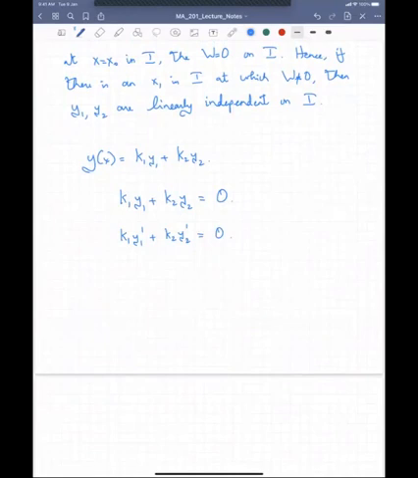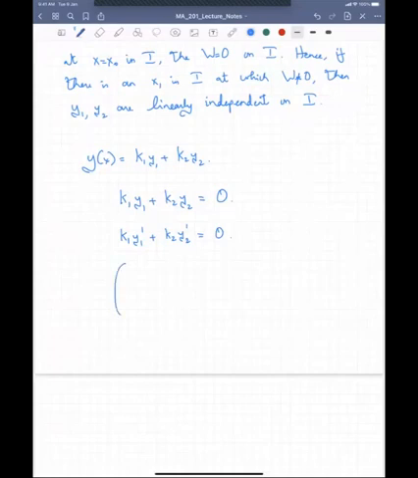All right. Now I have a system of, so go back to your linear algebra, a system of two equations with two unknowns. The unknowns here are k1 and k2 because you know y1 and y2. And the question is, can I figure out a non-trivial solution for k1 and k2? So if you want, you can write this in matrix notation.